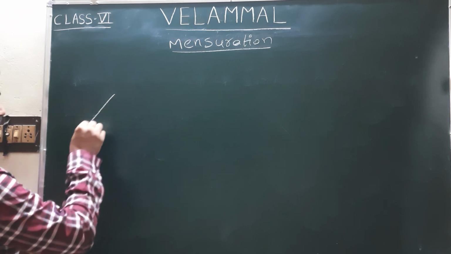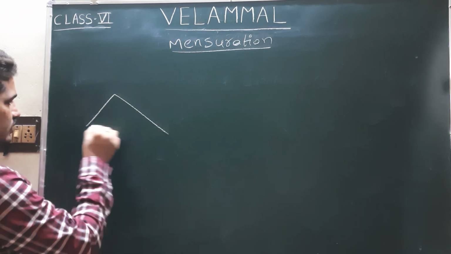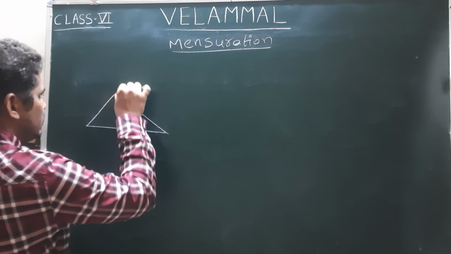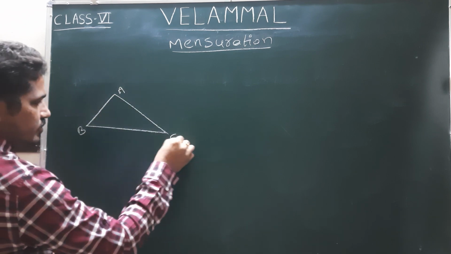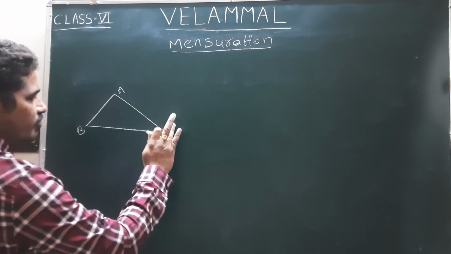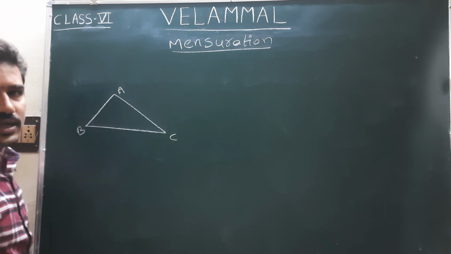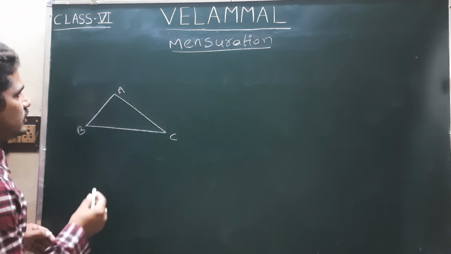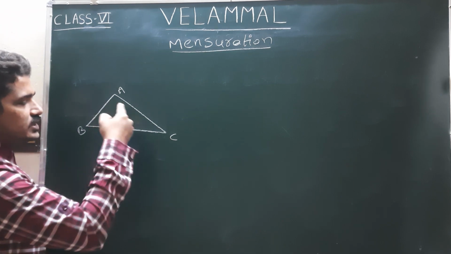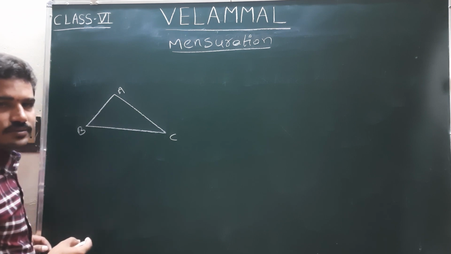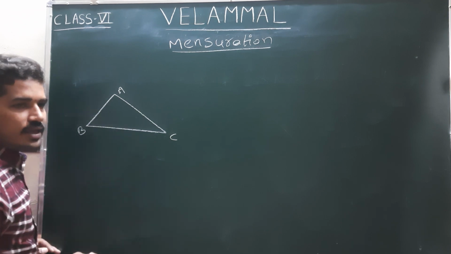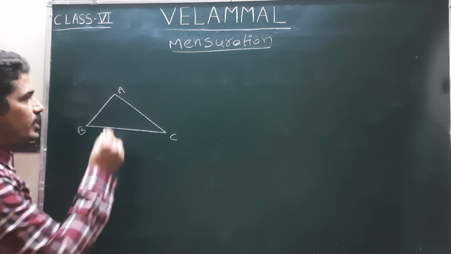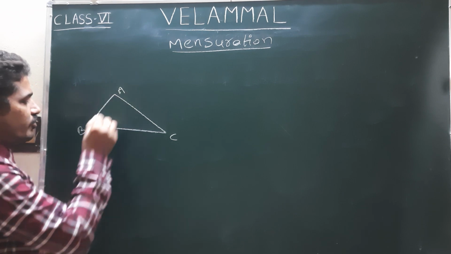See, I am taking one triangle ABC. For this, what will be the height if we are discussing? We can consider it as an acute angled triangle. For an acute angled triangle, the height will always be from the top.